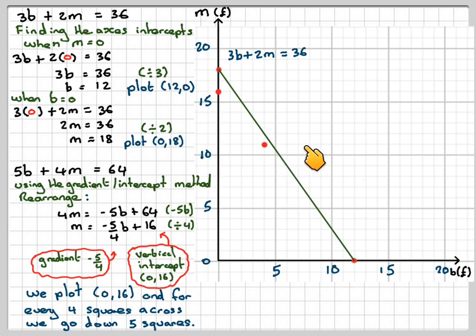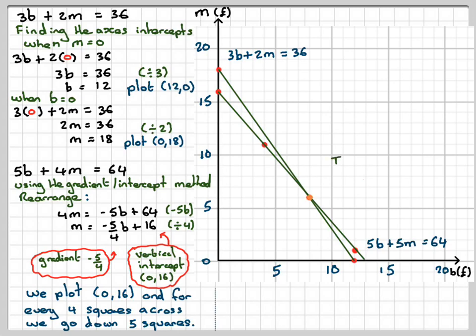Across 1, 2, 3, 4, and then down 1, 2, 3, 4, 5, which is there, and then carry on again, across 1, 2, 3, 4, and then down 1, 2, 3, 4, 5, which gives me that point there. Right, so we take our ruler and line it up against those points very carefully, and then label the line. So we'll draw the line in.